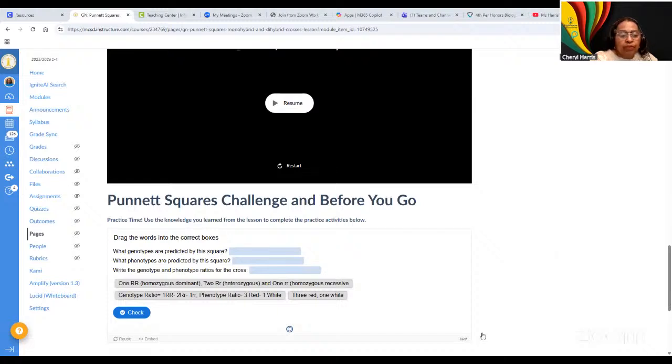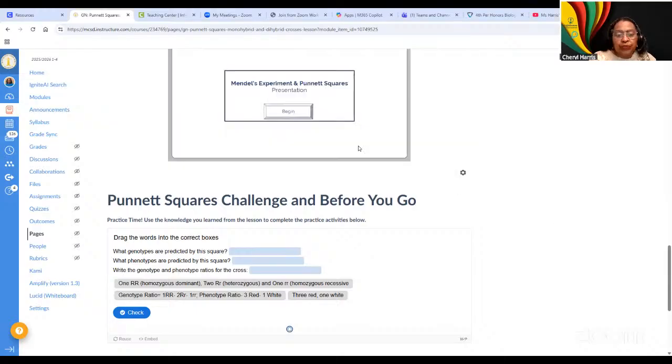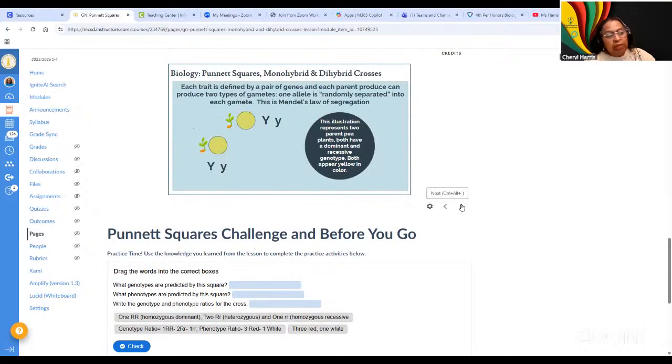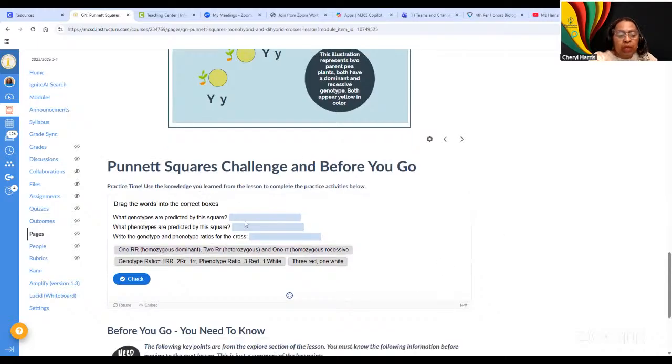If you are finished with the worksheet, make sure you come back and do the Punnett Square challenge. And again, if you need a refresher, this box walks you through, it's animated, it walks you through how to do a Punnett Square. And then go ahead and do the Punnett Square challenge.